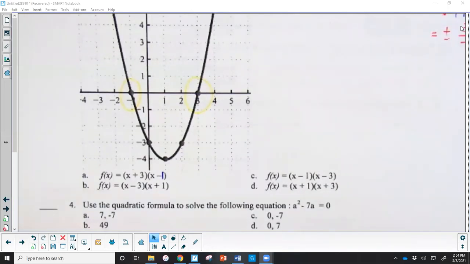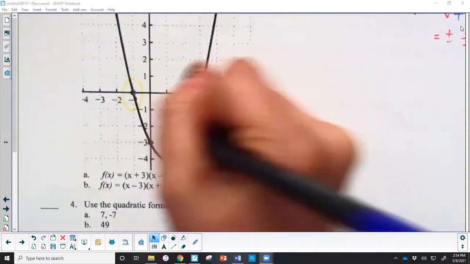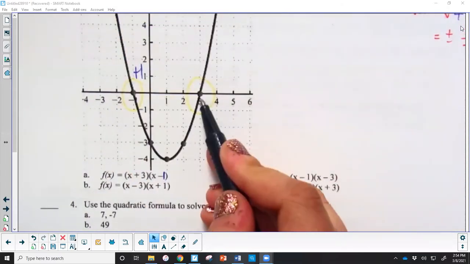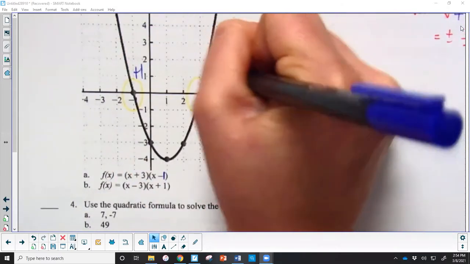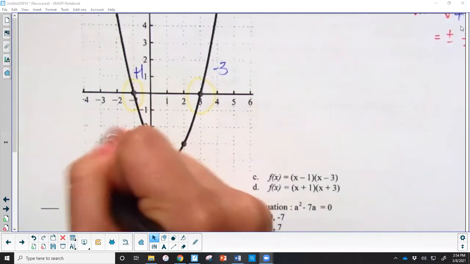And remember, that h value, that x value is always going to be the opposite. So the opposite of -1 is going to be +1. The opposite of +3 is going to be -3. And that's what you would choose, +1 and -3, which turns out to be B.